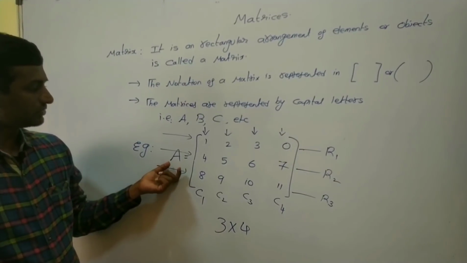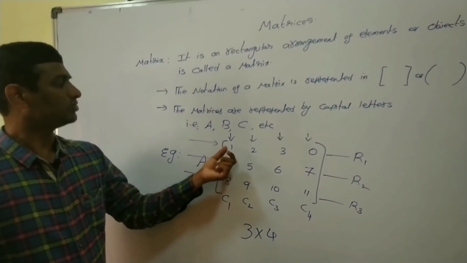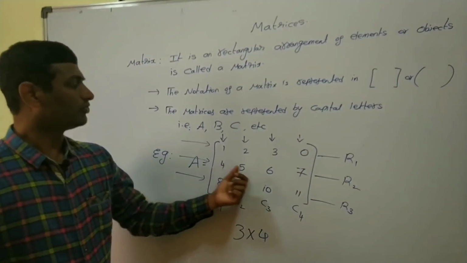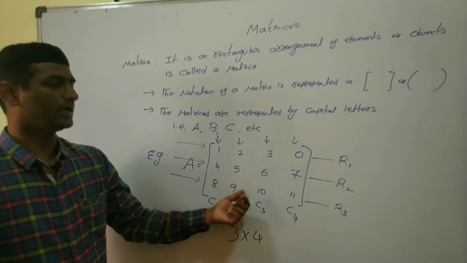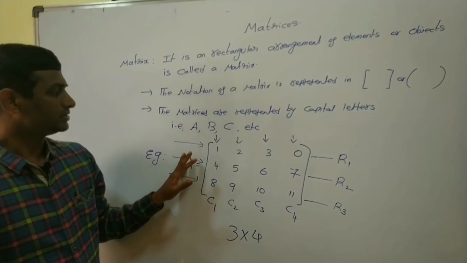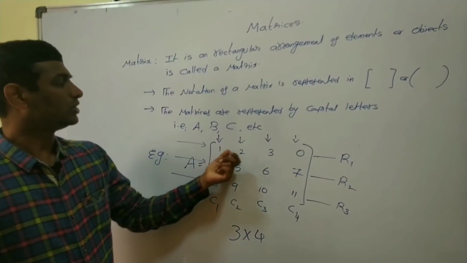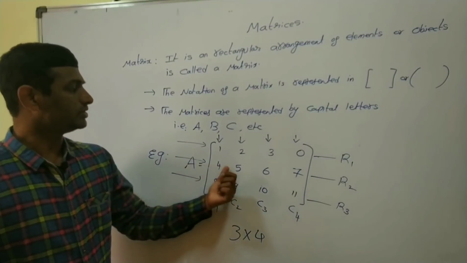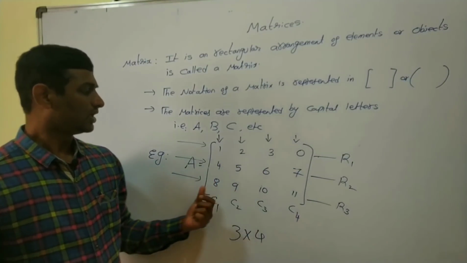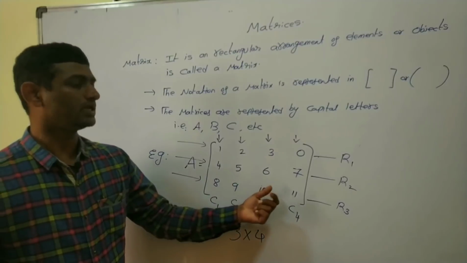in the last session we have taken this example: A is equal to 1, 2, 3, 0, 4, 5, 6, 7, 8, 9, 10, 11. Means the first row is 1, 2, 3, 0, the second row is 4, 5, 6, 7 and the third row is 8, 9, 10, 11.